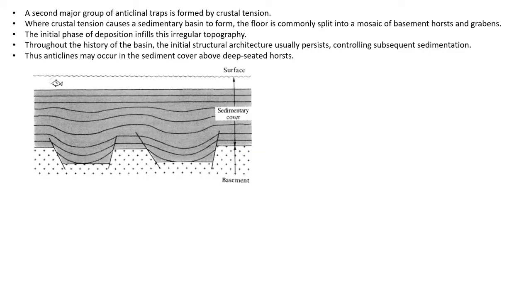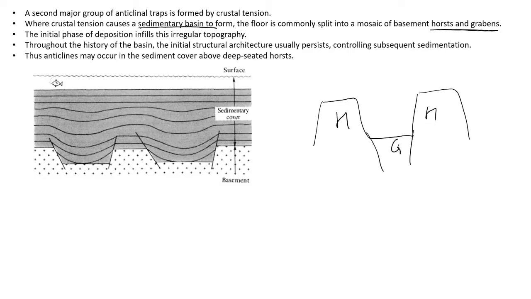While due to crustal tension, what happens? Once the crustal tension happens, which causes a sedimentary basin to form, the floor is commonly split into horst and graben structures. So this is a horst and this is a graben structure.